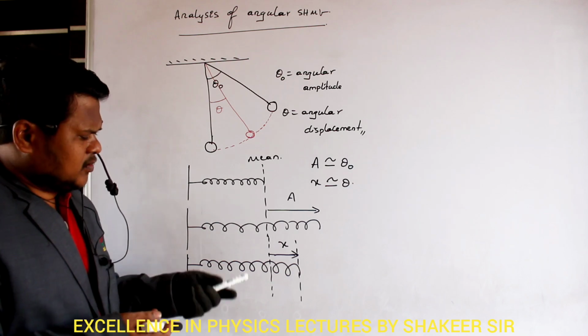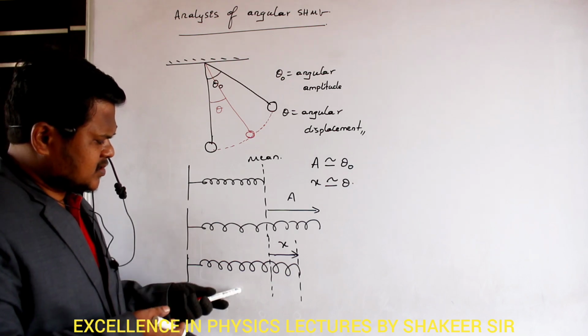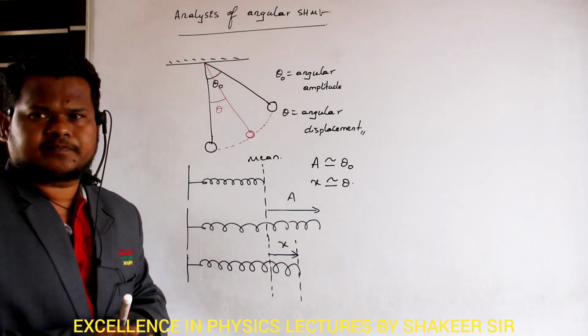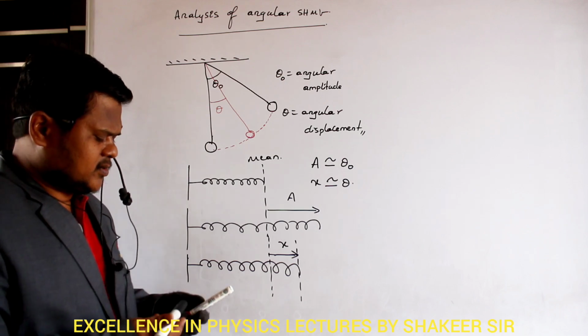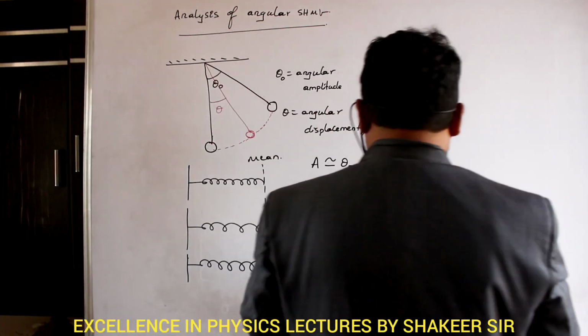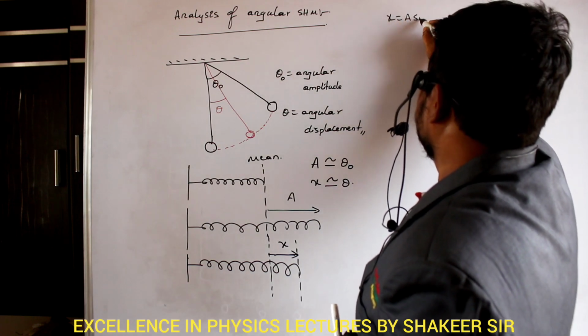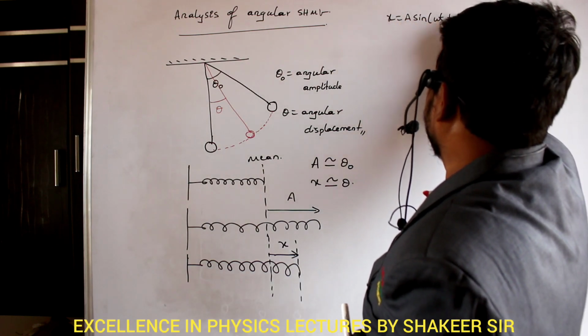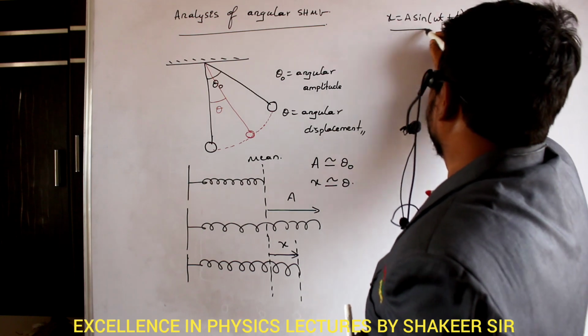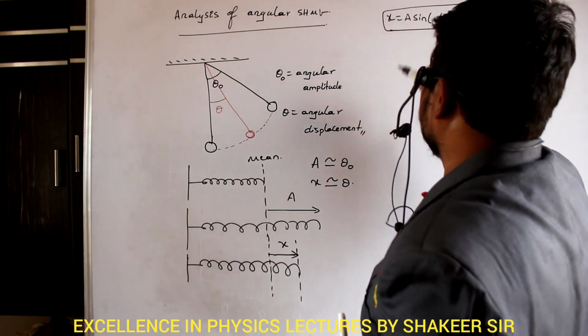Now what is the equation of simple harmonic motion of this spring? The equation of SHM is x equals A sine (omega t plus phi), where phi is the initial phase constant.